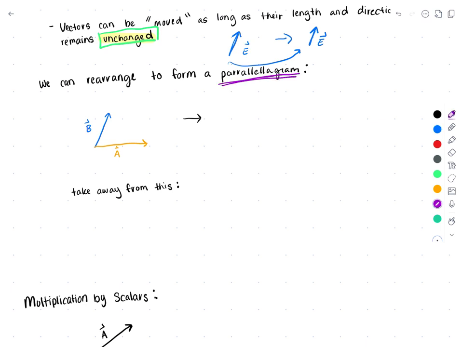So these two vectors that I have here can be rearranged to look like this and form a parallelogram. I really want to hit this idea home, guys: as long as direction and length remain unchanged, I can do this.